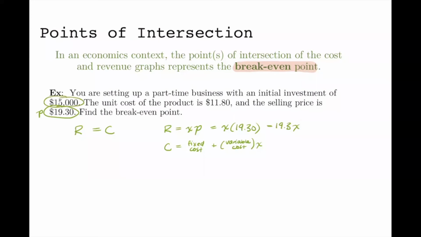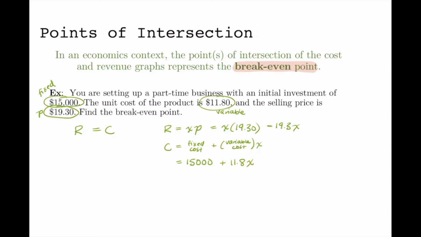This does not depend on the number of items that we produce, so this is our fixed cost. It costs us $11.80 to create each product, so this is what we will call our variable cost. So to build our cost equation, this will be 15,000 plus 11.80 multiplied by x.